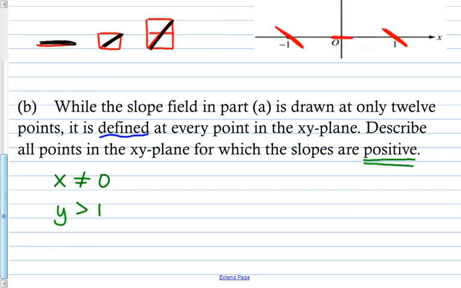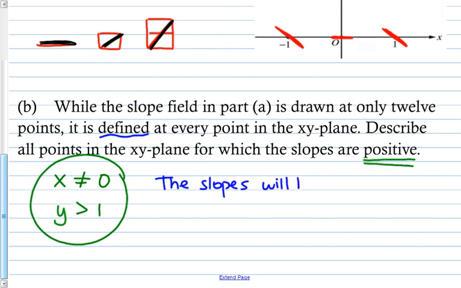So now let's write this in a sentence properly. Slopes will be positive, right? That's what we're trying to make sure. For any x, it could be any x, but not 0, right?